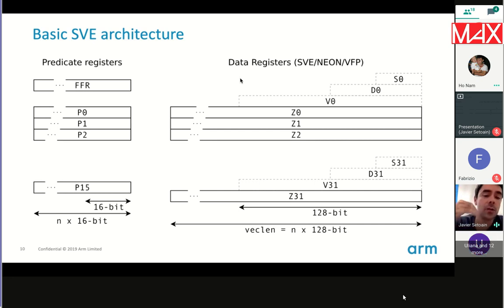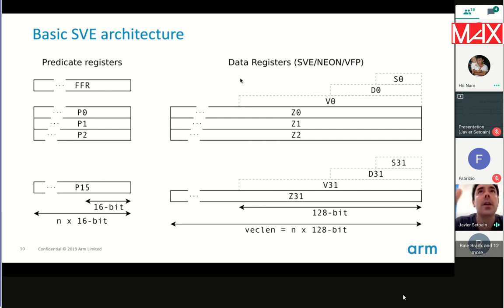These are just controlling conditional execution, so you could potentially just fill your vector with data, but operate only on a few of them, or then you can invert the bits of your predicate register and operate on the other half. That's just your normal conditional execution.